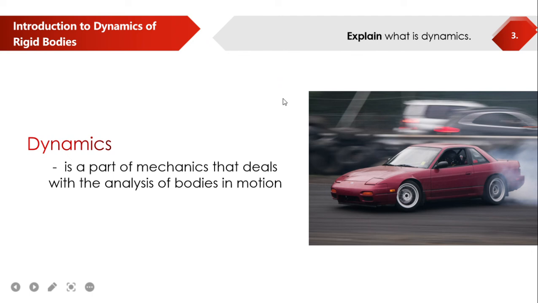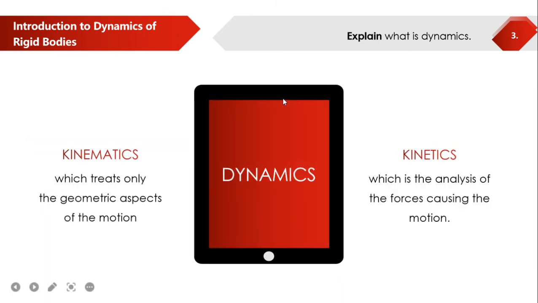We analyze and solve them. Dynamics is divided into two parts: kinematics, which treats only the geometric aspects of the motion, and kinetics, which is the analysis of the forces causing the motion.